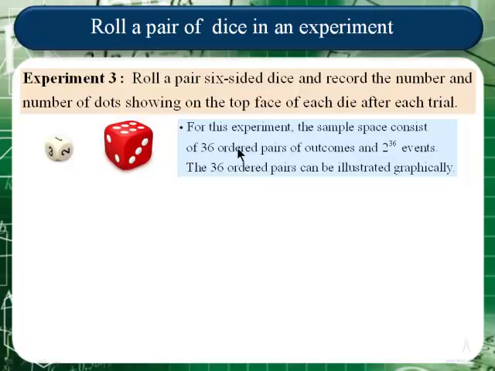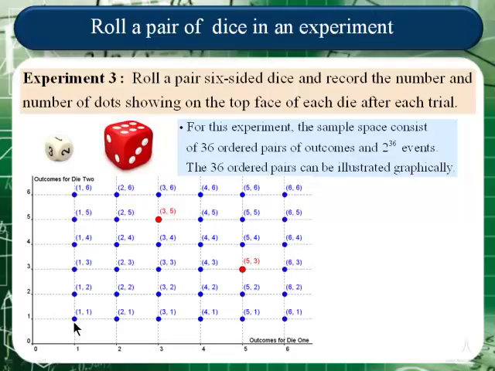More about this in grade 11. So the number of outcomes will be 36, while the number of events will be 2 to the power 36, quite a few. The 36 ordered pairs can be illustrated graphically. Each outcome here is an ordered pair: 1,1; 1,2; 1,3; 1,4; 1,5; 1,6, where the first number is the outcome for die 1.